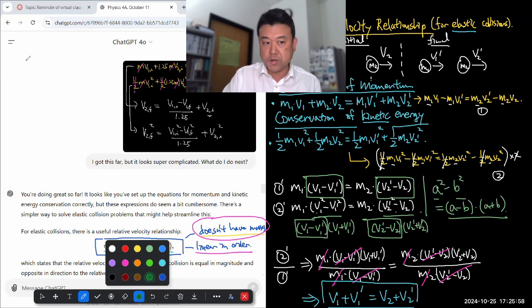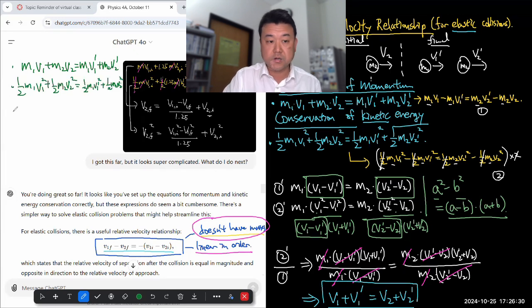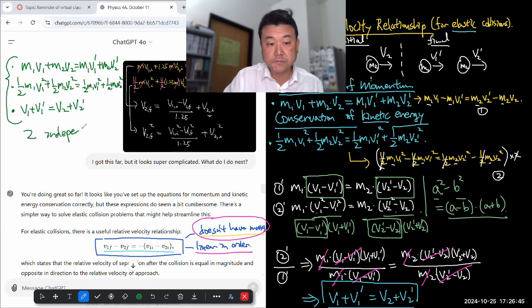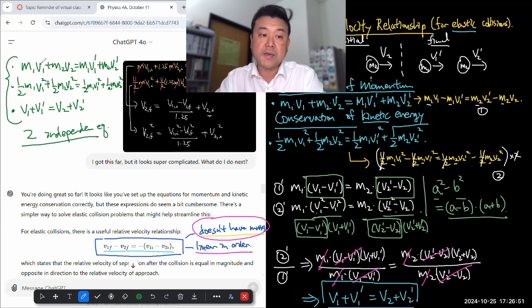Between these three equations, conservation of momentum, conservation of energy, and finally this expression that we just derived, v1 plus v1 prime is equal to v2 plus v2 prime, you have two independent equations. So if you have two unknowns, you can solve for them by picking any two out of these three equations.